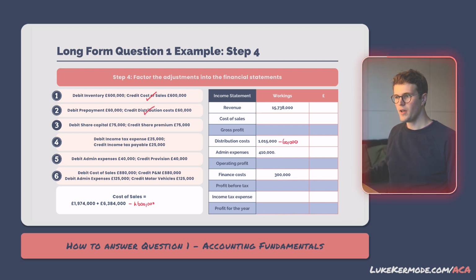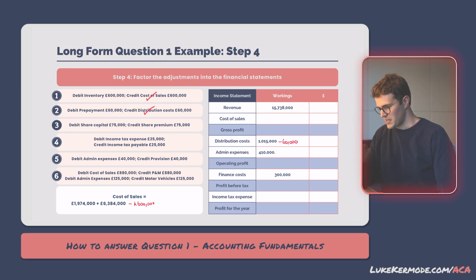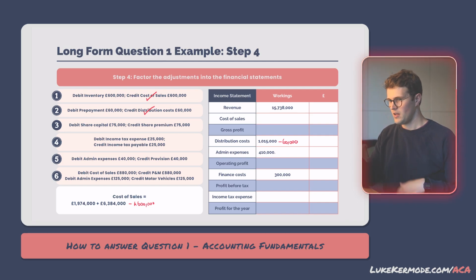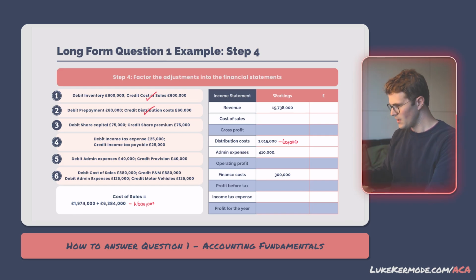Third, we move on to income tax. The income tax expense hasn't been recorded for the period, and we determined that there was an adjustment of debit income tax expense 25,000, credit income tax payable 25,000. So we can now show the income tax expense of 25,000 in the income statement.